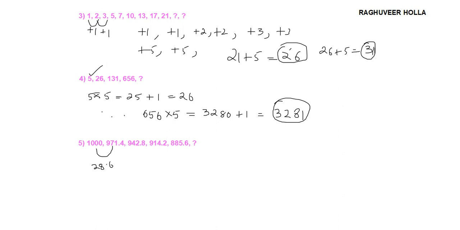So again the difference is 28.6. Now I want this result here. What do I get is 885.6, and if I deduct 28.6, I arrive at 857. So this is the required result.